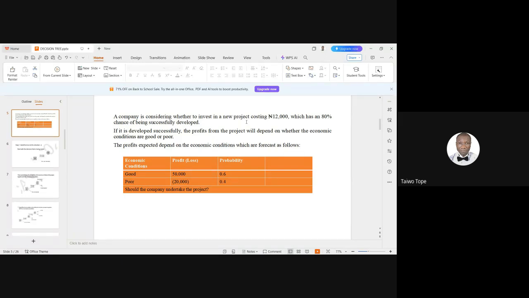It means there are two possibilities: either the project will be successful or not successful. If it is successful, it is 80%. It means if it is not successful, it will be 20%. They will not tell you. You're expected to know that the overall outcome in relation to probability will be 100% or 1.